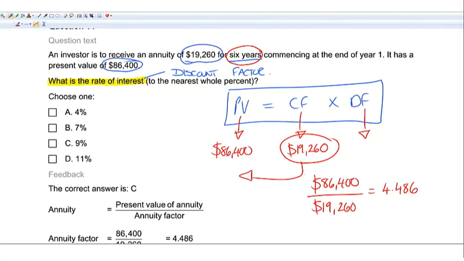So if you look at your annuity tables or cumulative present value tables, we want to read along the tables for 6 years until we see a digit of 4.486 or something close to it. If you read along your tables, you will see that the interest rate that must have been used to discount those cash flows would be 9%. So from the 6 years column on the table, we must have used an interest rate of 9%. The correct answer is therefore answer C.